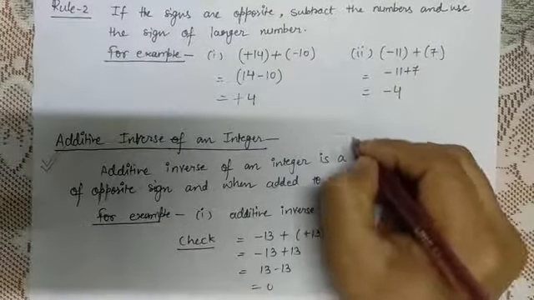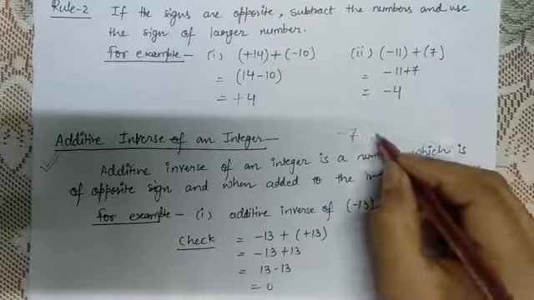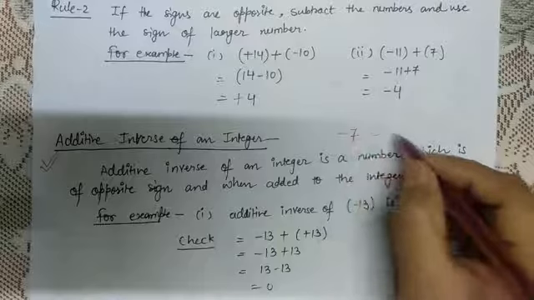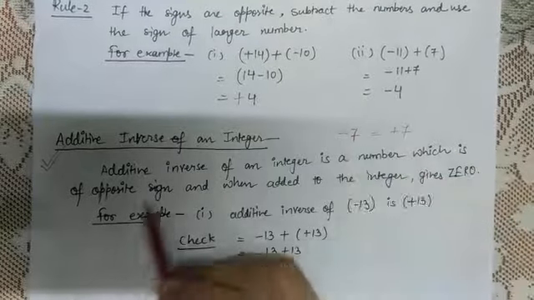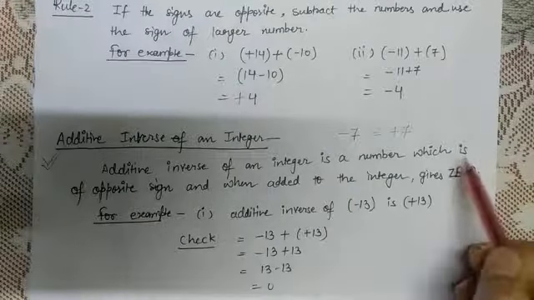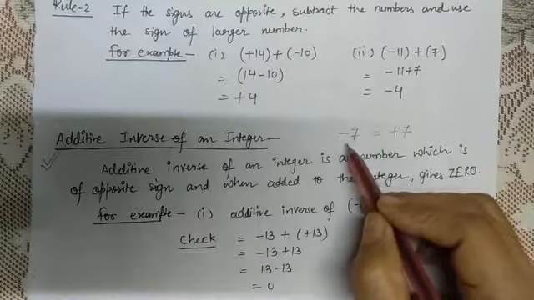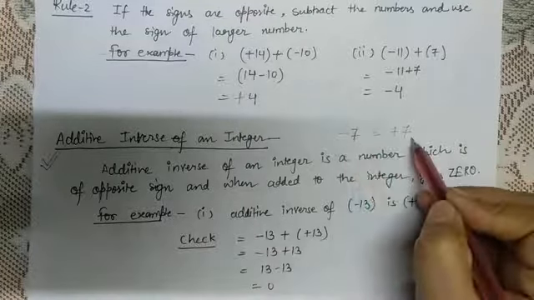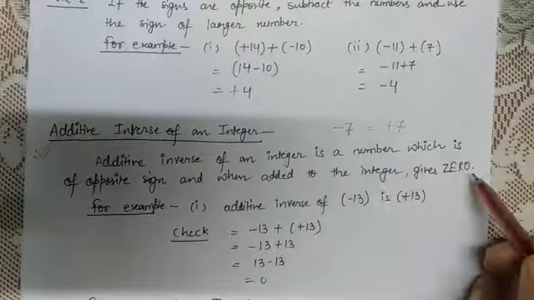If I have given you any integer, that is minus 7, if you want to write its opposite sign, you will write positive 7. So what is the additive inverse? Additive inverse of an integer is a number which is of opposite sign with the same value. If we have minus 7, we are going to write plus 7. And when you add it to that integer, it gives 0.